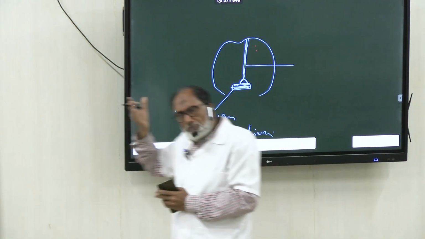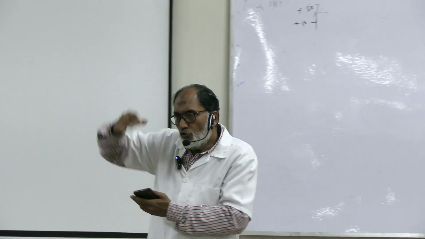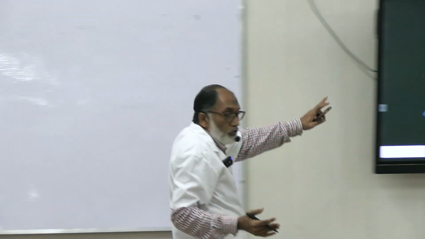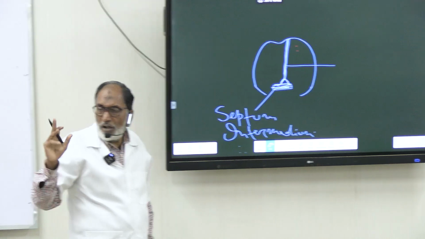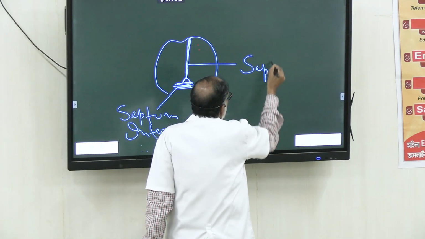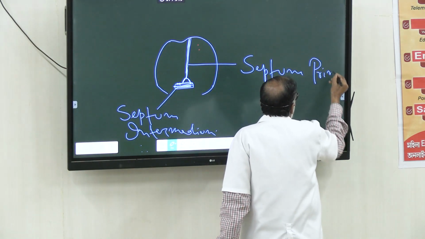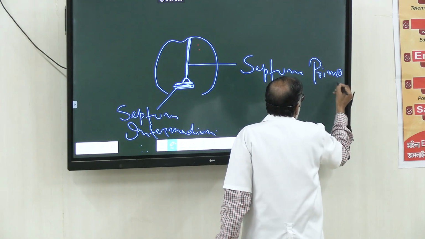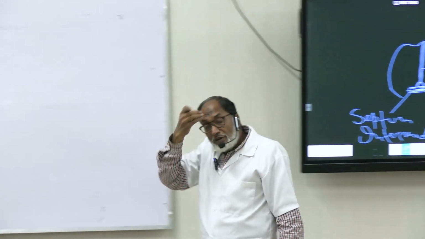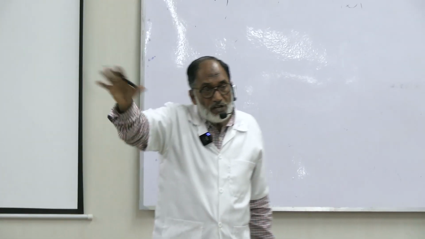You cannot show the dorsal in this picture, as it is a 2D structure. Now this septum is called septum primum. The septum primum is the first septum which is developing from the roof and dorsal wall of the common atrial chamber.